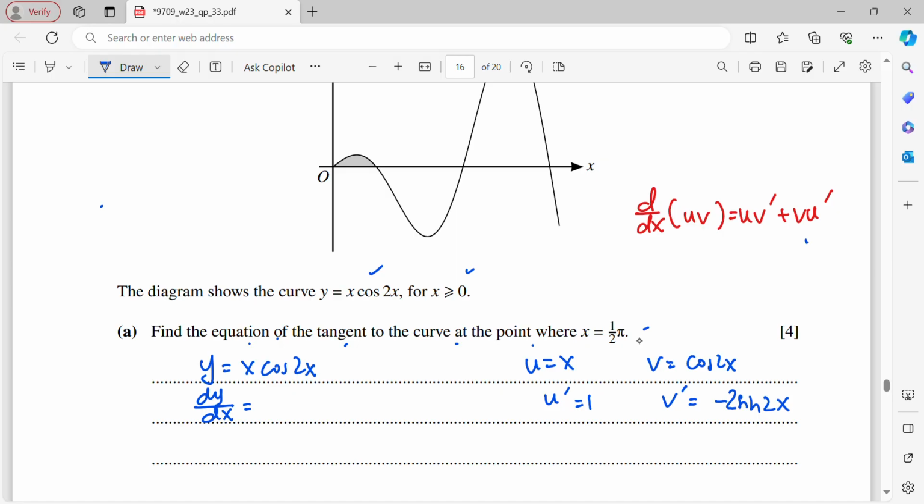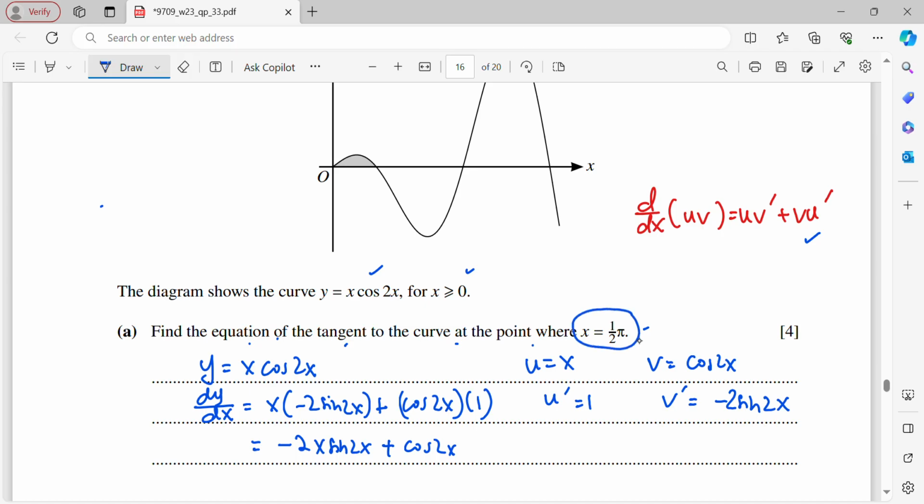Using this formula, it will be x times negative 2 sin 2x plus v u prime, so cos 2x times 1. Then I rewrite: negative 2x sin 2x plus cos 2x. That is my dy/dx.